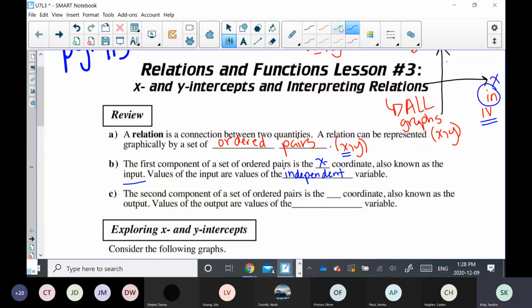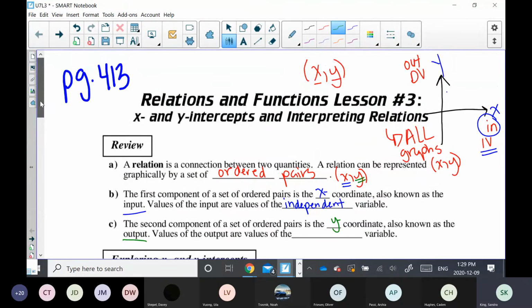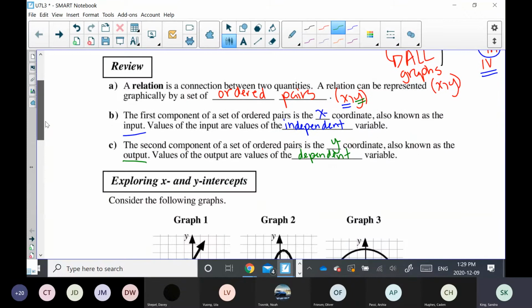The second component of an ordered pair is the y coordinate. It is also known as the output. Values of the output are values of the dependent variable. Okay, so that is going to be your review.